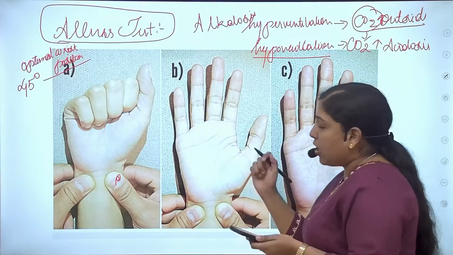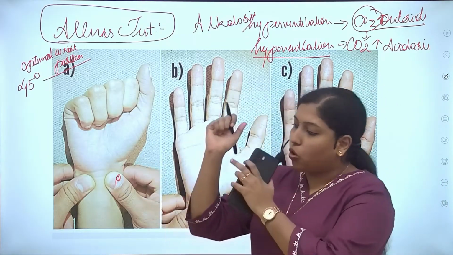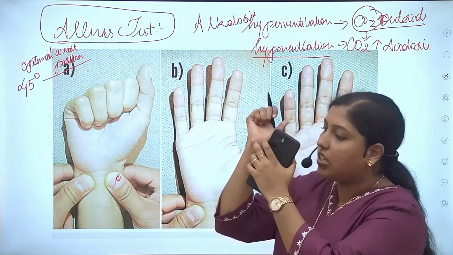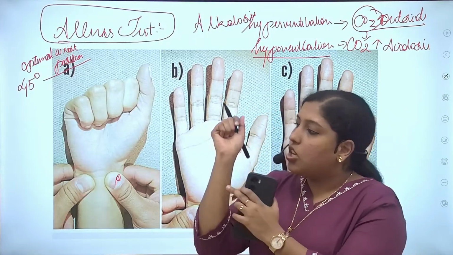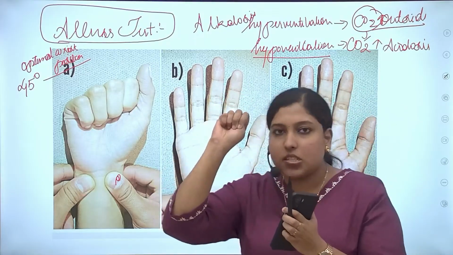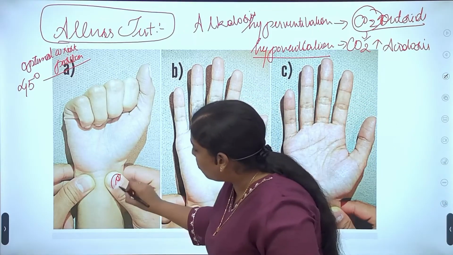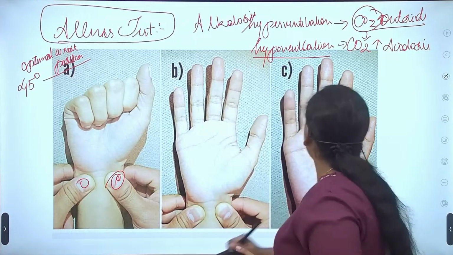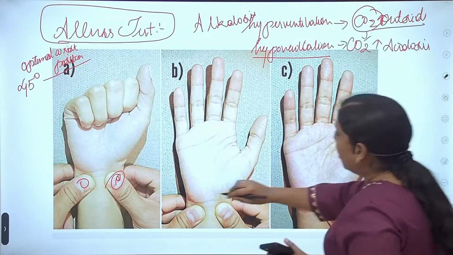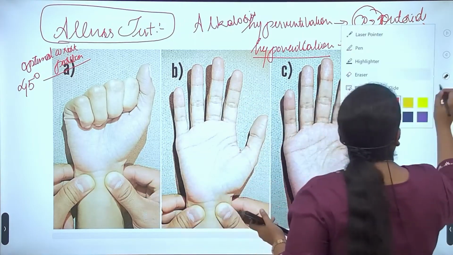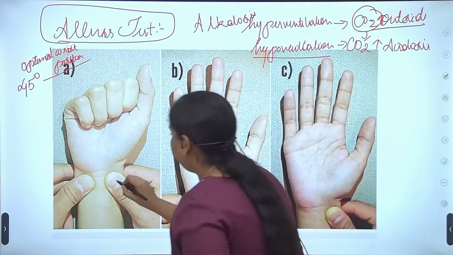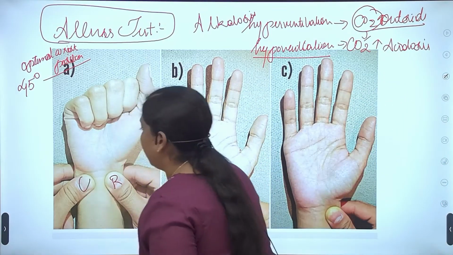So next, coming back to Allen's test. This is your radial artery which is going, and this side is your ulnar artery. You ask the patient to clench his fist and you occlude both the radial and ulnar arteries.